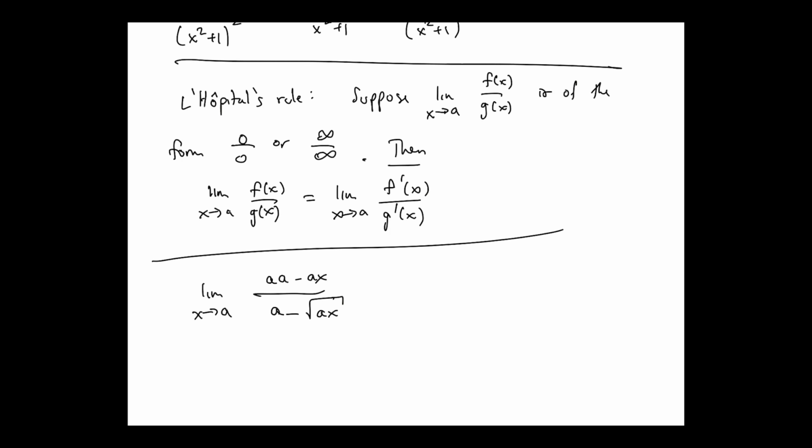Okay, now the first question is what the heck does aa mean? Any ideas? It's just a squared. It's an old style of writing. Yeah, I know it's that easy, right? That's all it means. Okay.